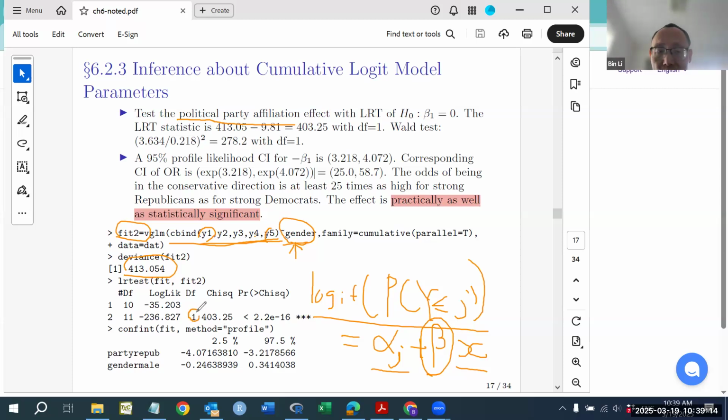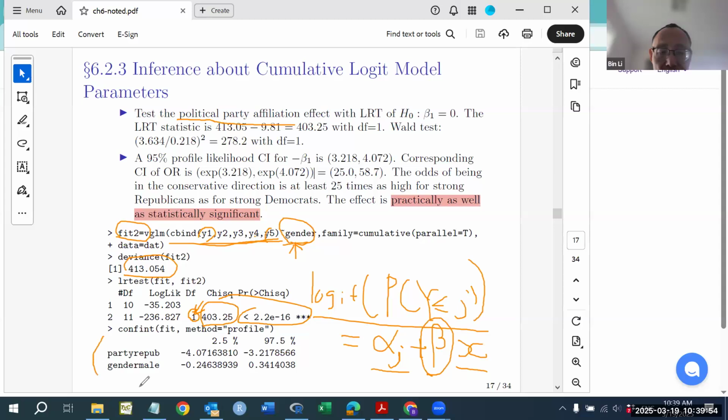The degrees of freedom is 1 because the number of parameters differs by only one, from adding the party affiliation or not. The test statistic is the difference of the deviances, and the p-value is highly significant. That means the party affiliation has a significant impact on the political ideology, right?